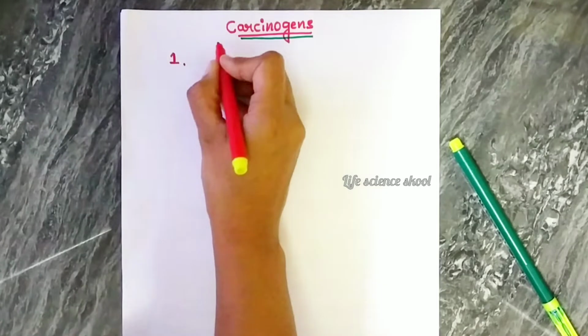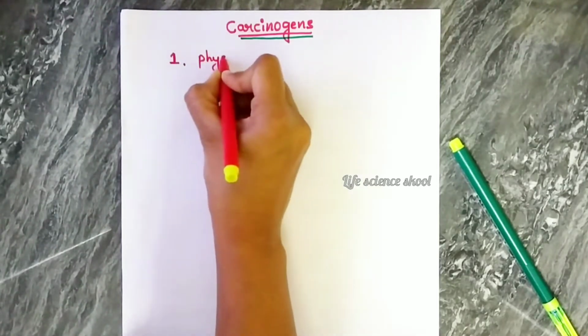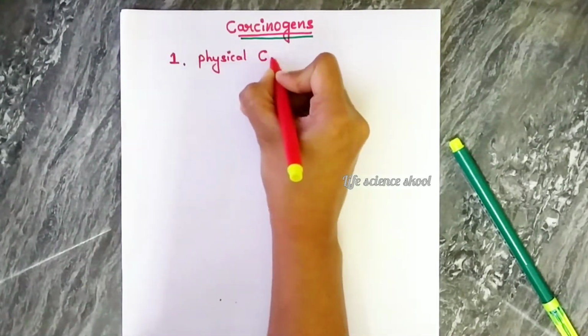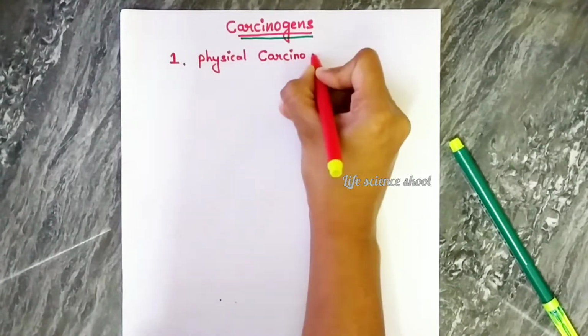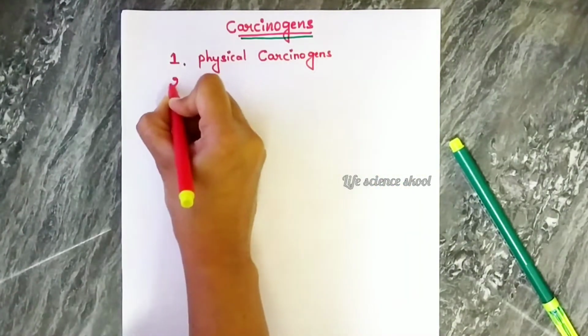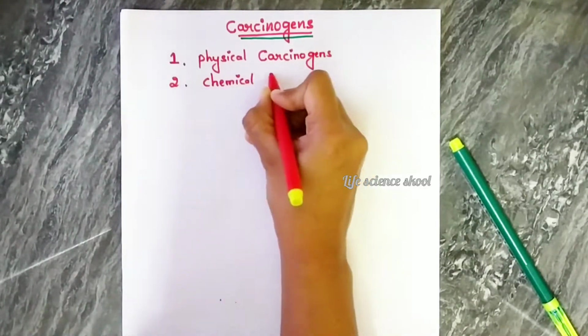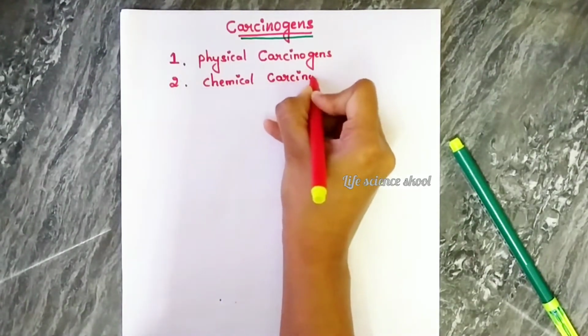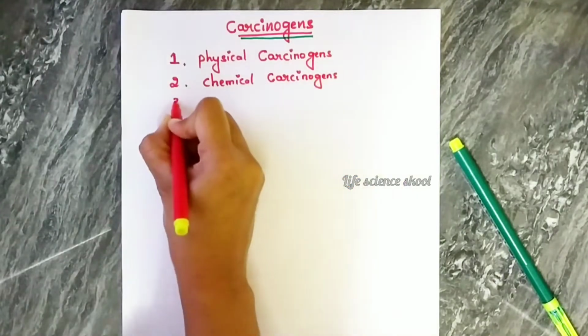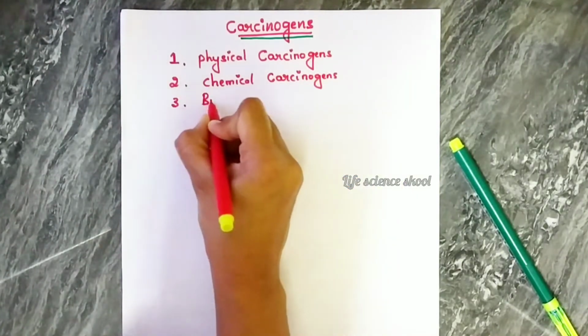The first one is physical carcinogens. The second type is chemical carcinogens, and the third type is biological carcinogens.